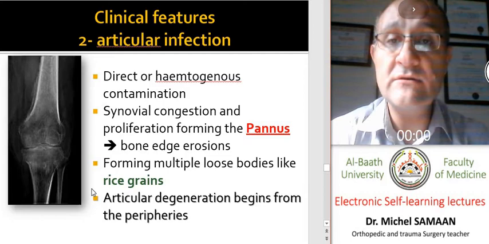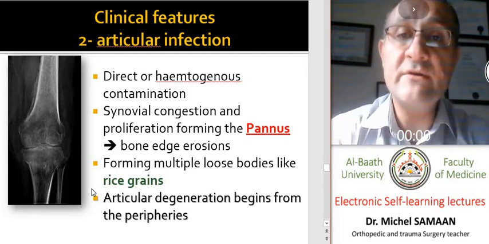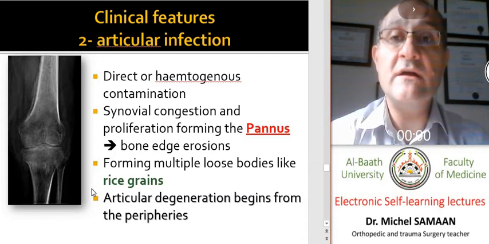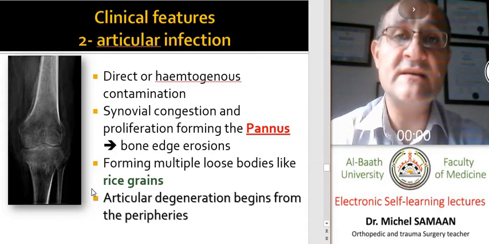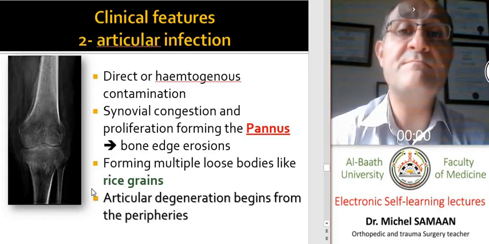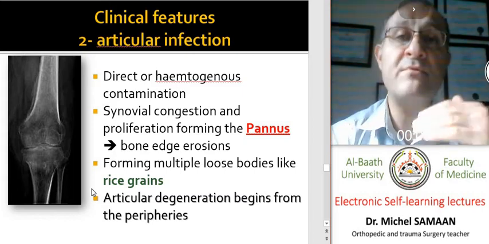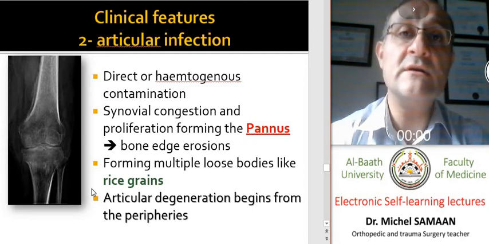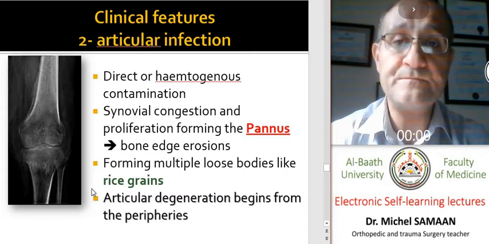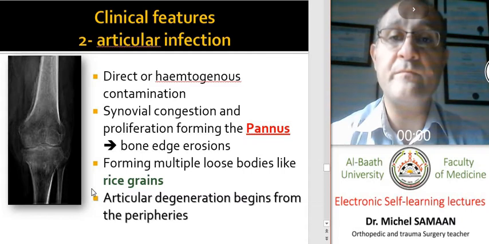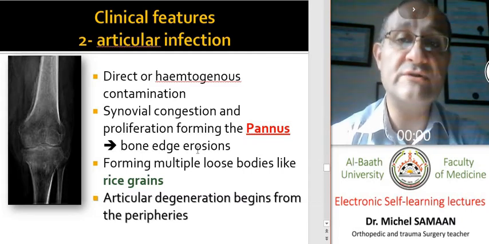The second type is articular infection, either by direct or haematogenous contamination. Usually we have marked synovitis that can cause pannus formation. This pannus is the hypertrophic synovium which covers the articular cartilage and causes destruction of this cartilage and bone edge erosions.